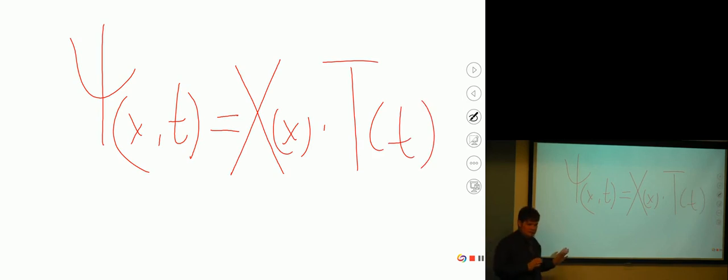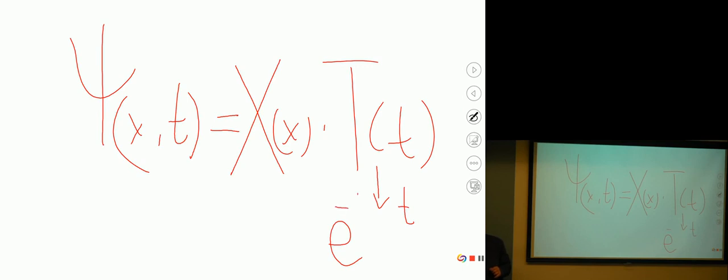No complaints here. And then we agreed that instead of this capital T, we will use the exponential of something multiplied by t. And then it is energy.